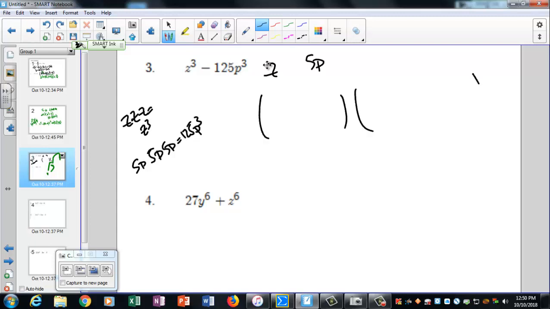Small, big. z minus 5p, z squared plus 5pz plus 25p squared.